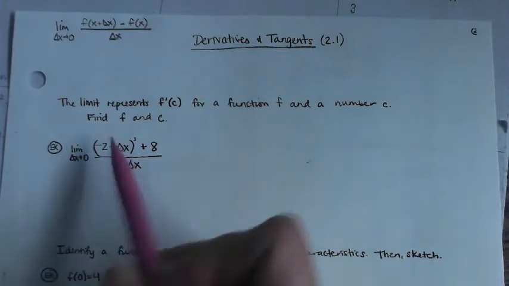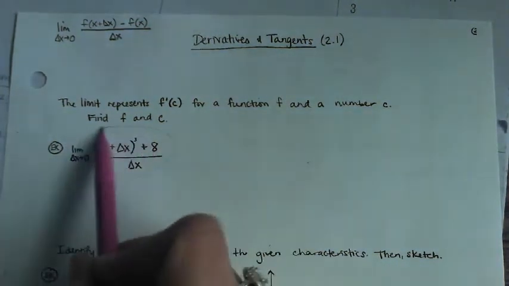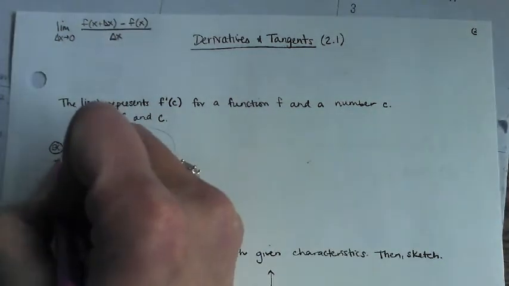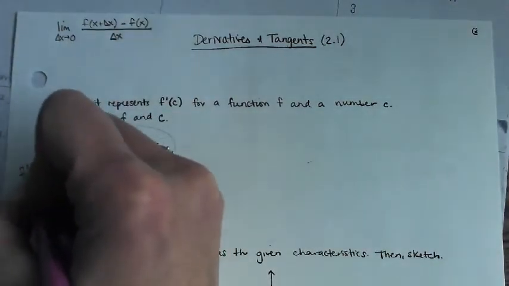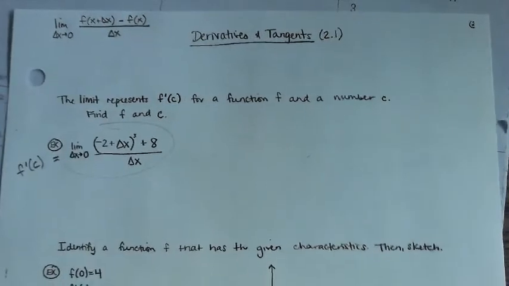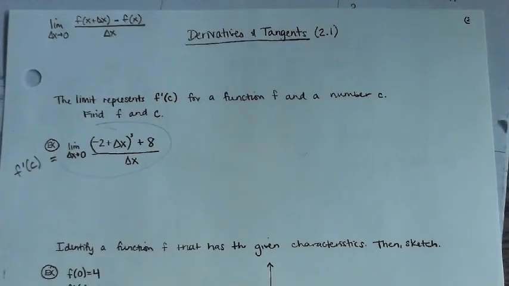So this limit is giving us f prime of c. It's giving us the derivative at some point for some function.